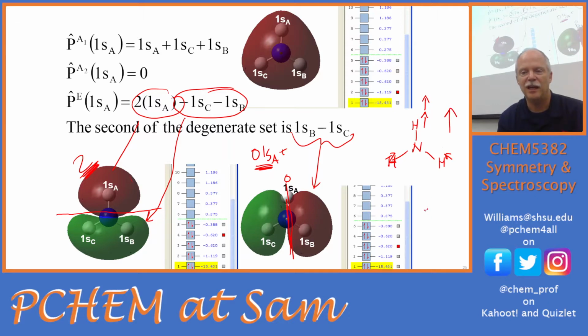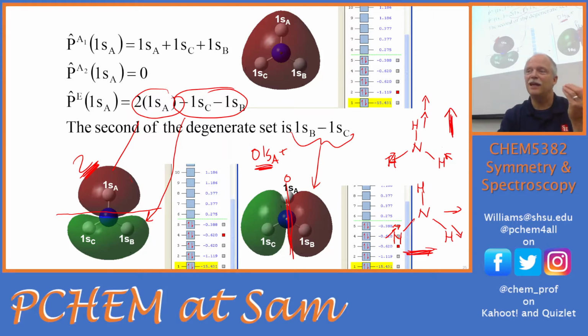The degenerate set would be motion that's going to the right or the left. And so this would be no arrow on that hydrogen, an up arrow on this hydrogen, and a down arrow on that hydrogen. Notice how this motion is moving left and right, and this motion is moving up and down.